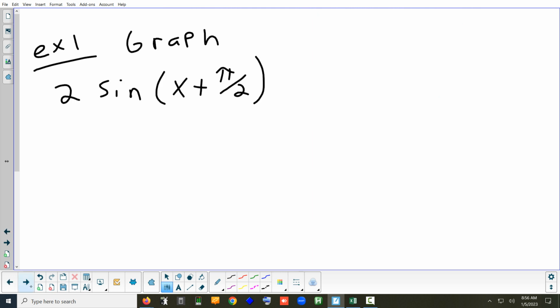Okay, so let's try an example. This one says to graph 2 sine x plus pi over 2. Let's just label what these are first. So we've got 2 transformations, addition inside the parentheses and multiplication in front.